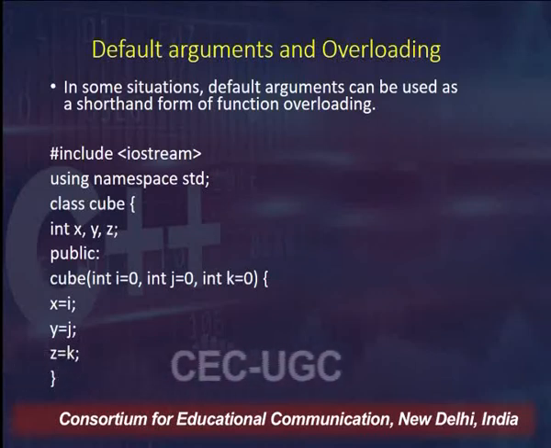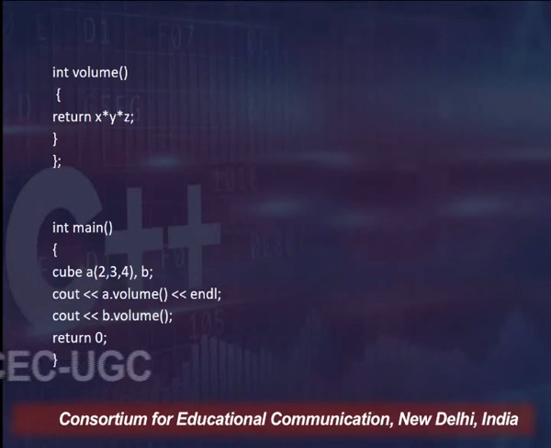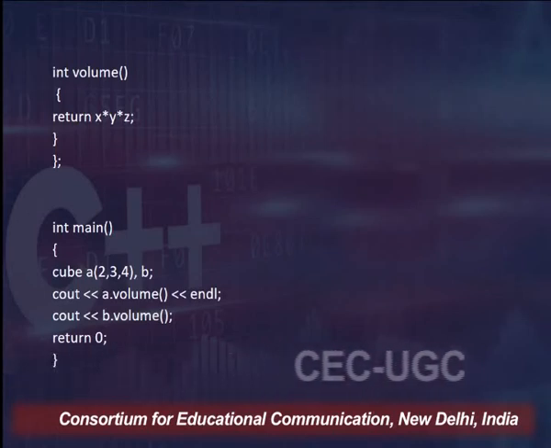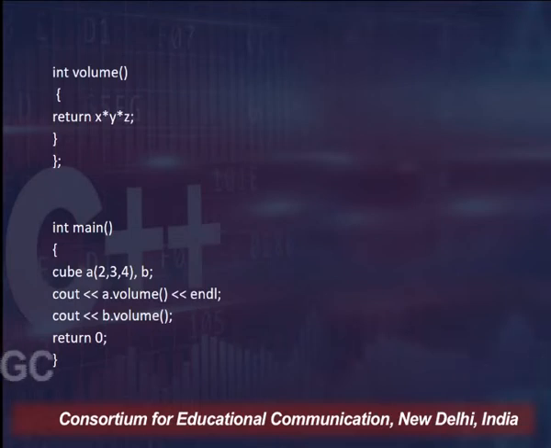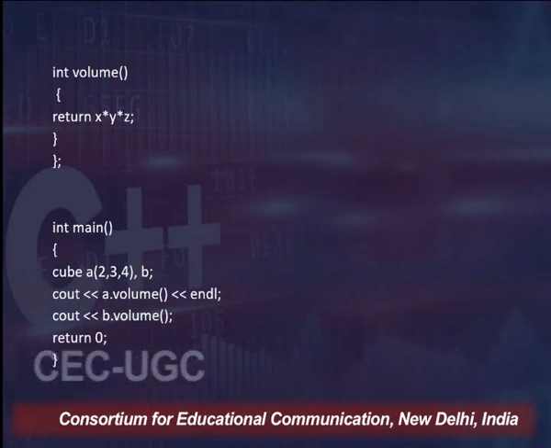Now, how are we going to use this? There is a volume function which returns x multiplied by y multiplied by z. You can see the call to the constructor in the form of object creation.